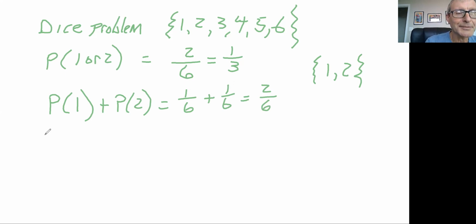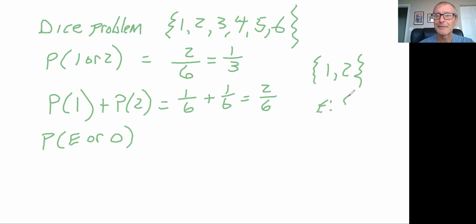Say I asked the question, what's the probability of an even or an odd? And you're probably saying, that's kind of weird. That should be all of it, right? And that is true. Because if you look at the even, that would be 2, 4, and 6. And if you look at the odd, that would be 1, 3, and 5.